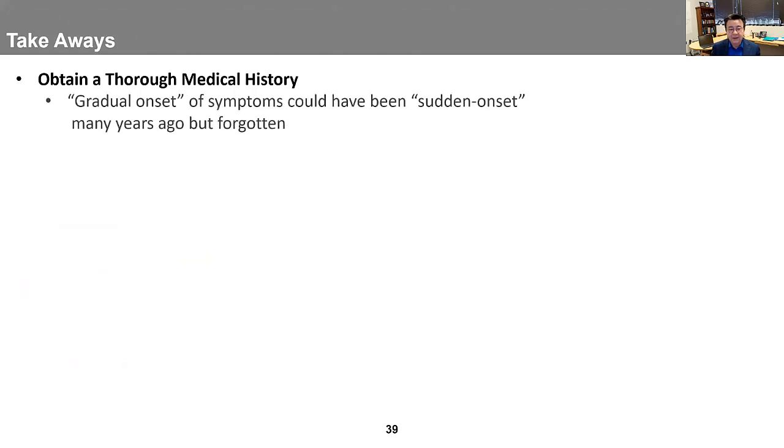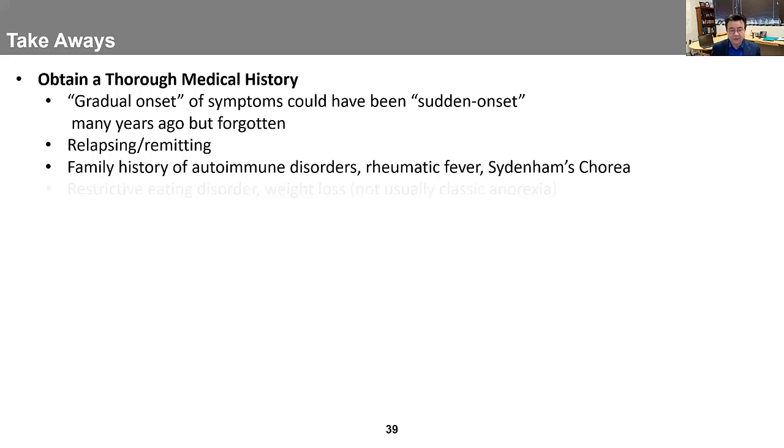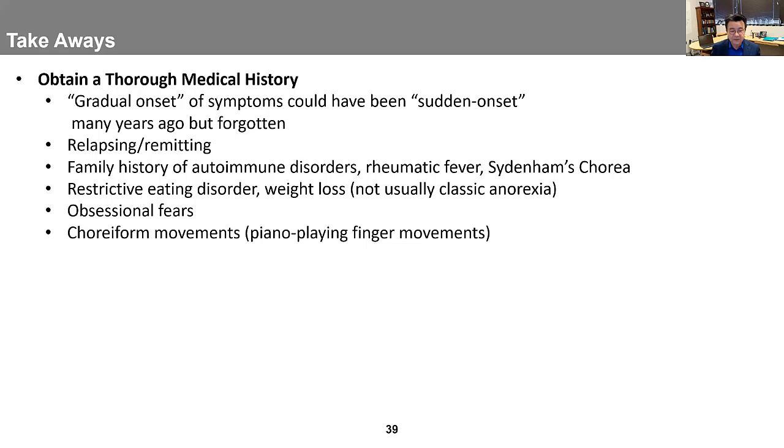So what are some of the takeaways here? One, it's important to get a thorough medical history because you're looking for signs and things that could tip you off. And then this gradual onset might really have been a sudden onset many years ago. Relapsing, remitting, family history of autoimmune disorders, restrictive eating disorders, obsessional fears, and the choreiform movements.